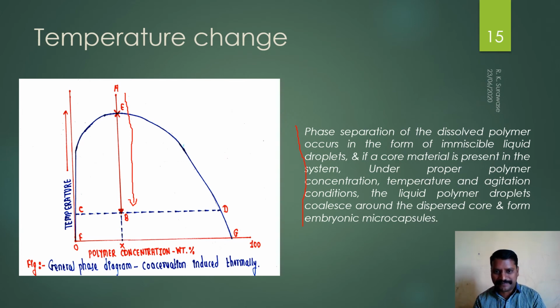That is the second step. So the first step of microencapsulation is the formation of three immiscible chemical phases. Second is the deposition. So at point A, the formation of three immiscible phases will occur, and then the second step will start after point A.